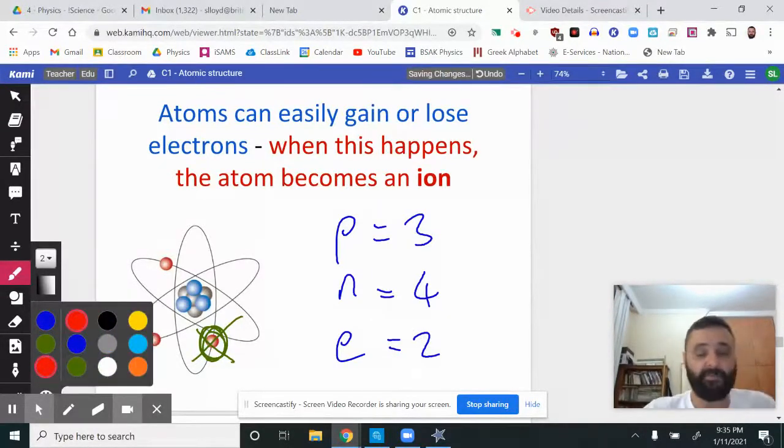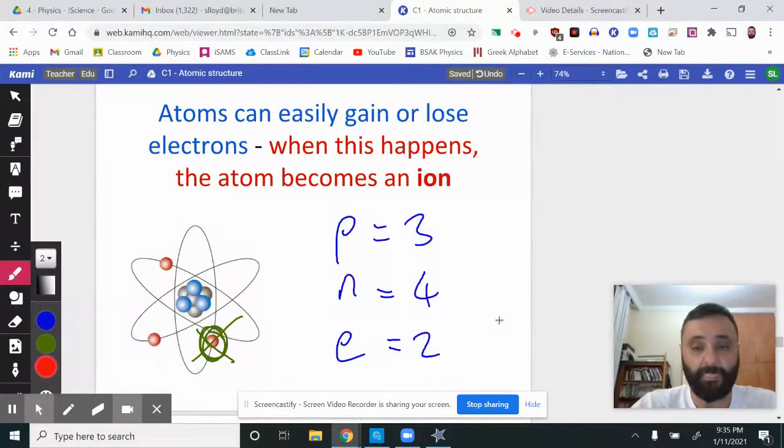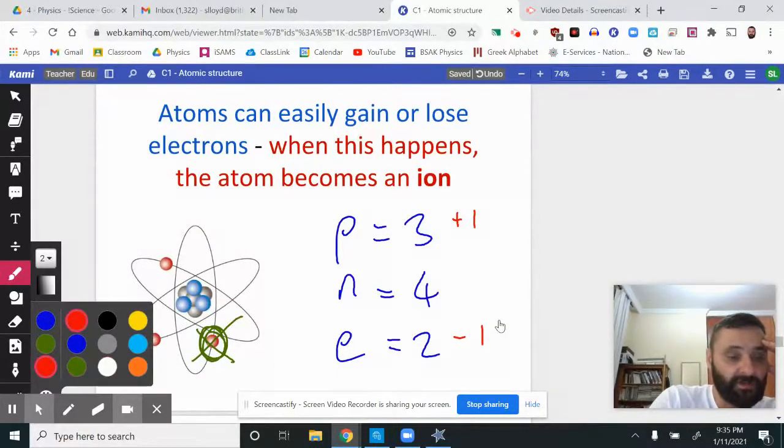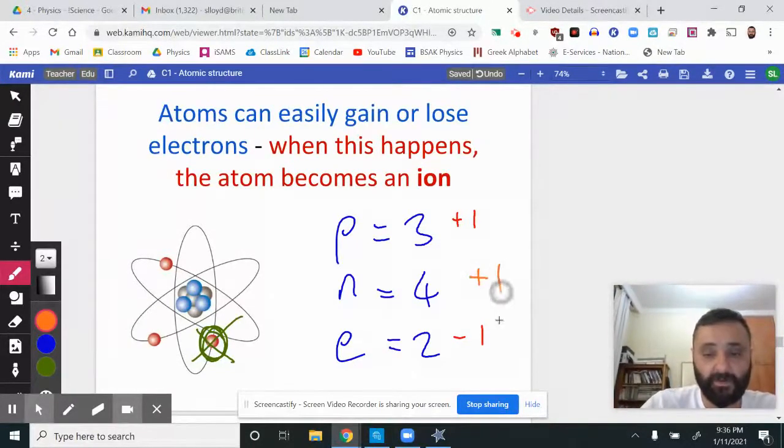So let's recap. What's the charge on a proton? +1. What's the charge on an electron? -1. So we've got +3 and -1, meaning the overall charge on this ion is +1.